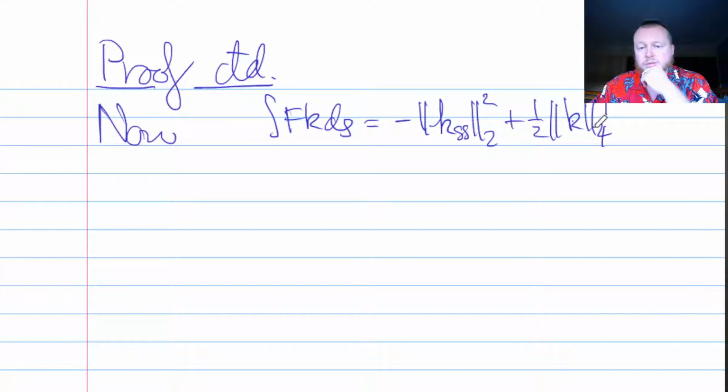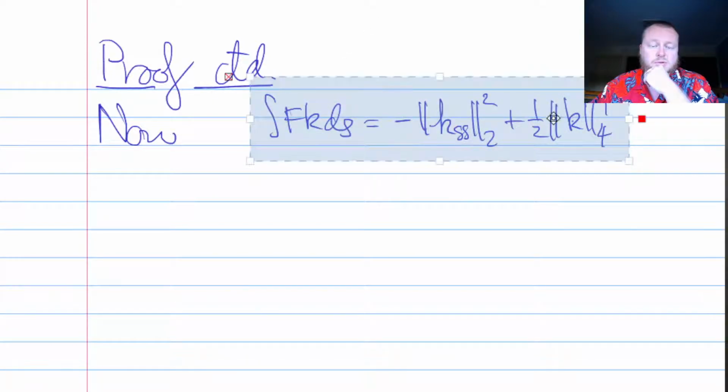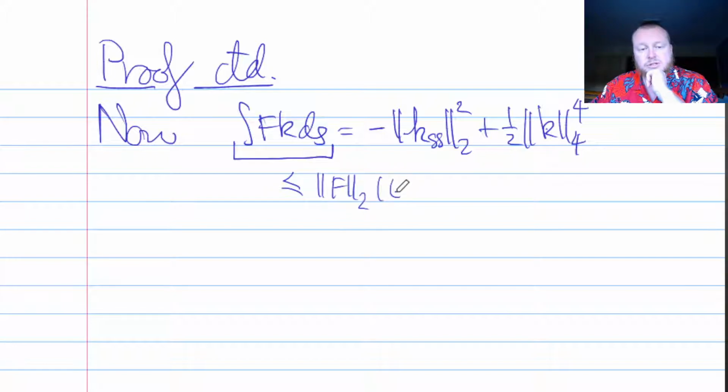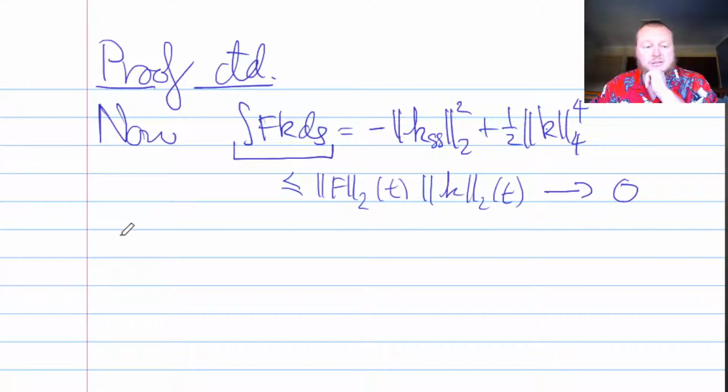And now we're going to do a calculation that's analogous to what we did before, but now we have a trick up our sleeves, because this is becoming 0. Why? Because this thing itself is bounded using the Hölder inequality by f in L2 at time t times k in L2 at time t. This thing is bounded, this thing is converging to 0, so this whole thing is going to 0. That means that this is going to 0.